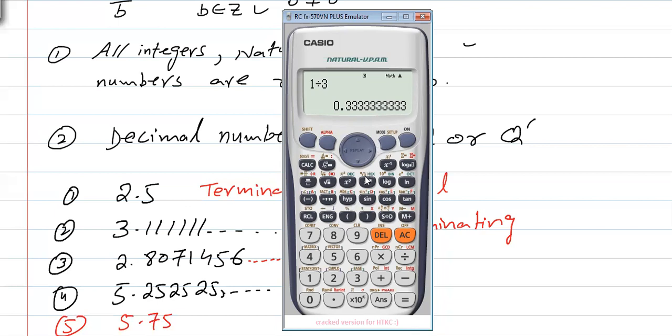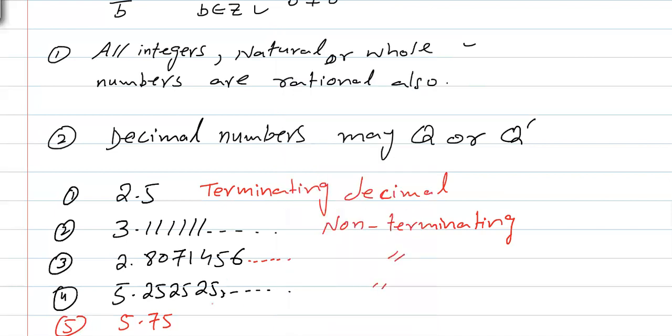It's going on and on. But if you write 5 divided by 2, that gives you 2.5. It finished. It ended. If you press the SND button one more time, 1 divided by 3 will give you 0.3333 again. It means it is non-terminating. So don't get confused by the calculator. This one is non-terminating, but this one is terminating.